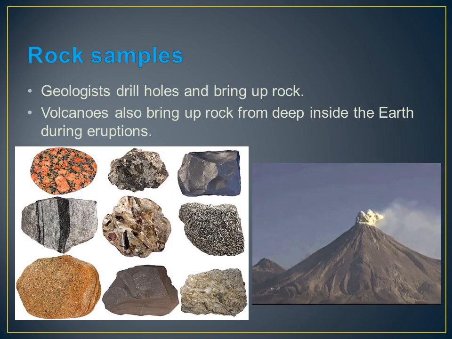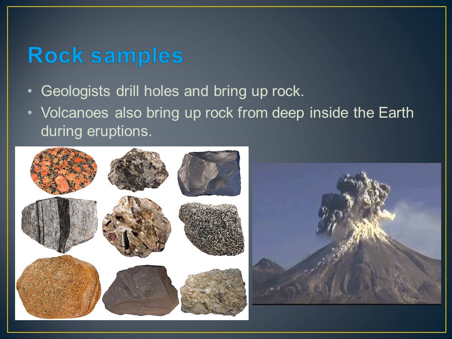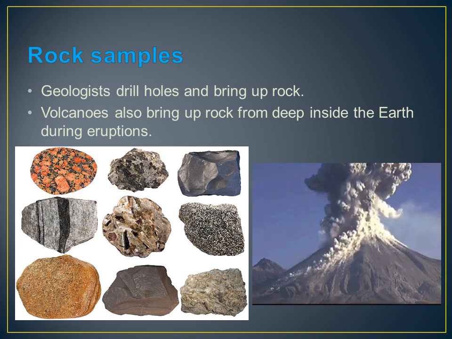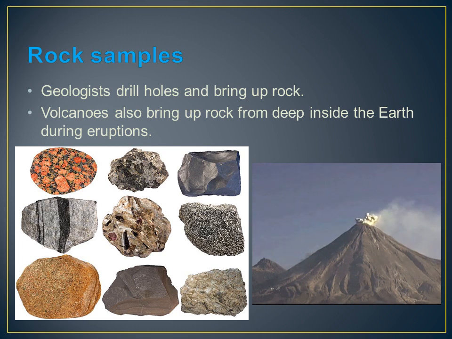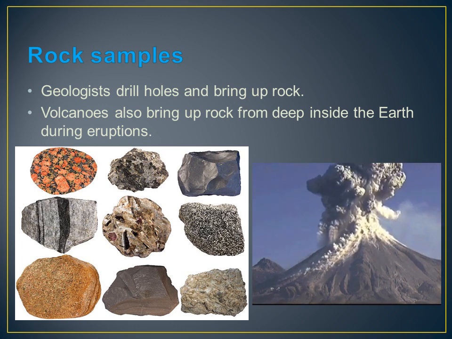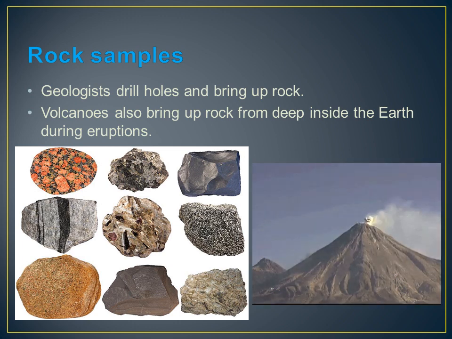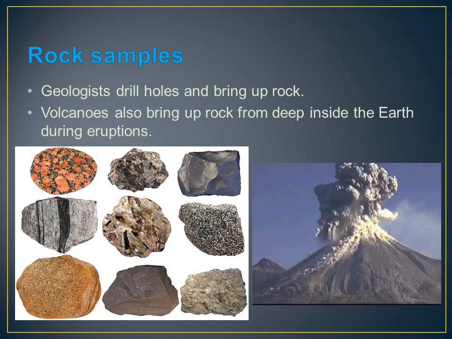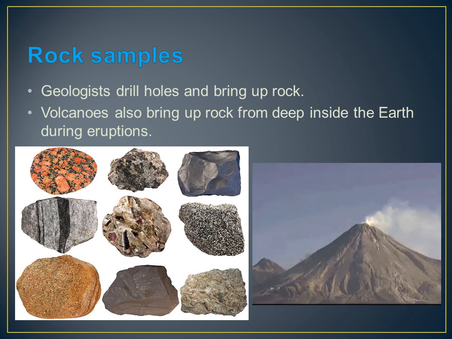So the first of these two is rock samples. Like I just showed you in the last slide, geologists will drill holes and bring up rock to figure out what kind of rock is below that portion of the earth.